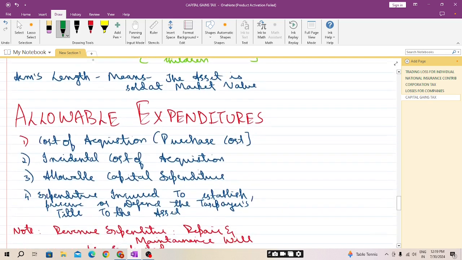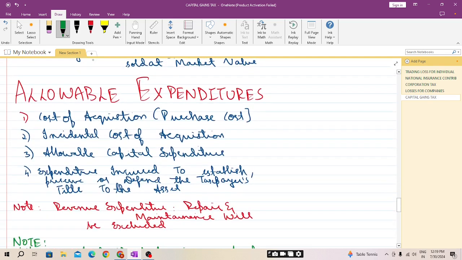Then coming to the allowable expenditure. Allowable expenditure will include, students, the cost of acquisition, that is the purchase cost. Then the incidental cost of acquisition, which includes the cost incurred to acquire the asset.